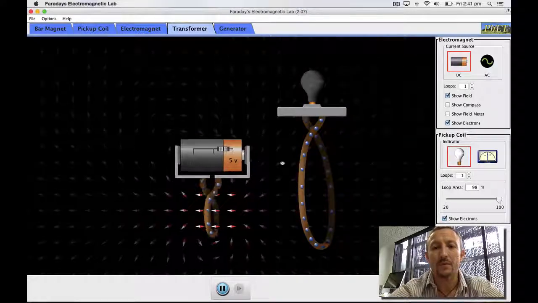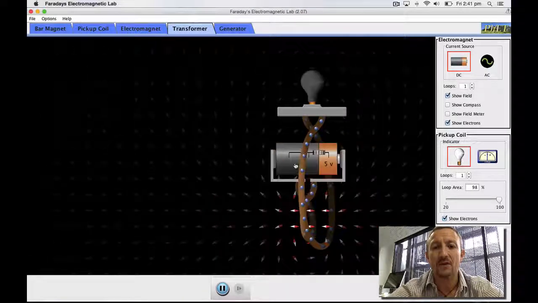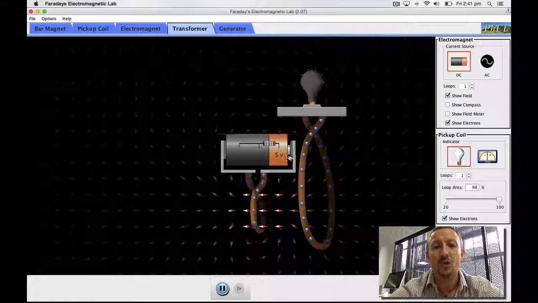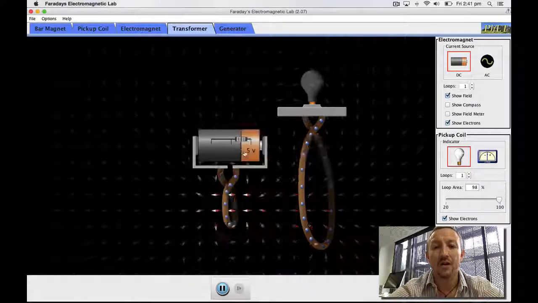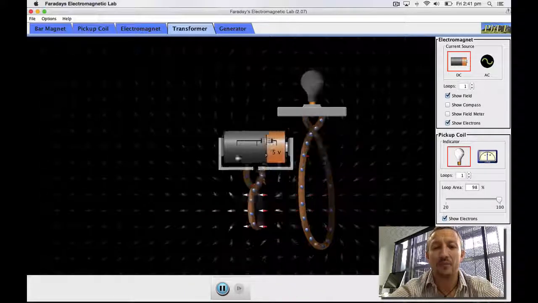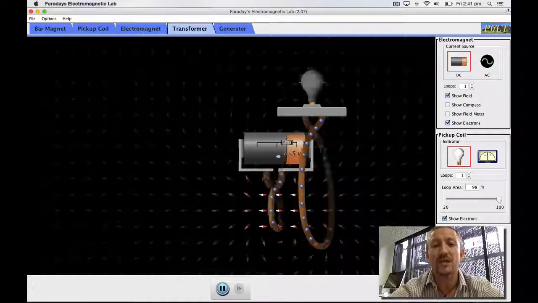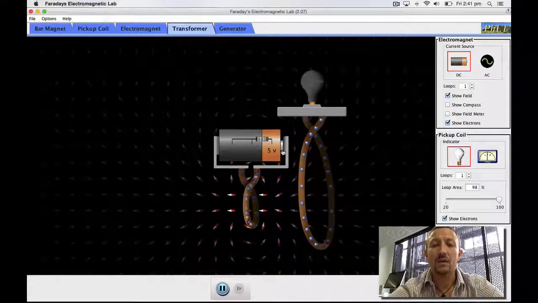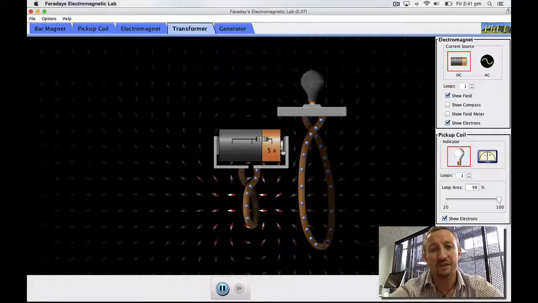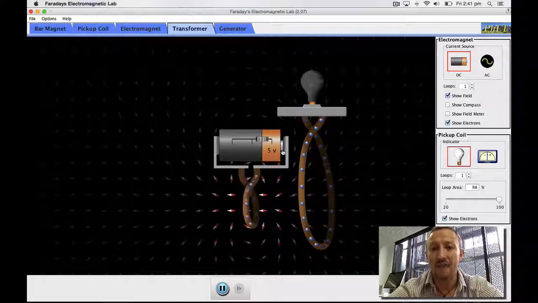But if I start moving it, can you see here that you've got some slight push or orientation on the electrons as it's going closer, and you can see the field lines moving. Well, the field lines are moving, and as a result, that's with time, that's a change in flux. Change in flux produces an EMF. That EMF, as we know, generates a current or a voltage.